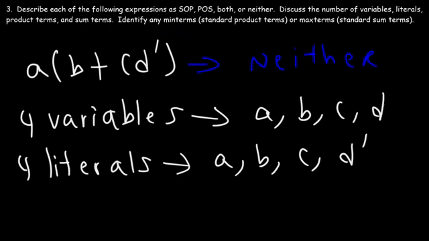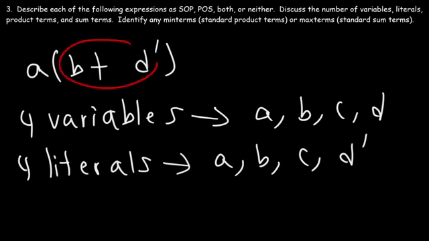Now let's say if C wasn't there. What type of expression will we have now? Would you still say it's neither? Because this is now a sum term. When you have C here, this is no longer a sum term. But when you take away C, now we have a sum term. And A is considered a sum term.